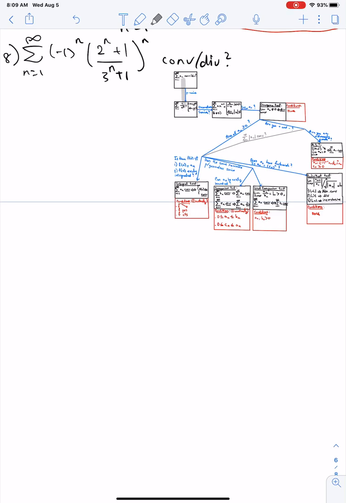P-series, not really. Geometric series, no chance. Divergence test, actually I don't know. So yeah, cannot tell really.